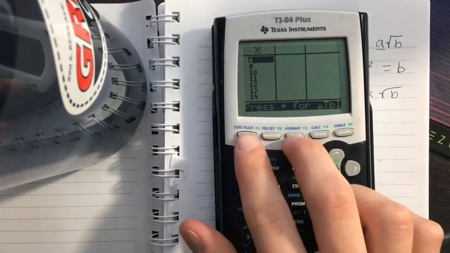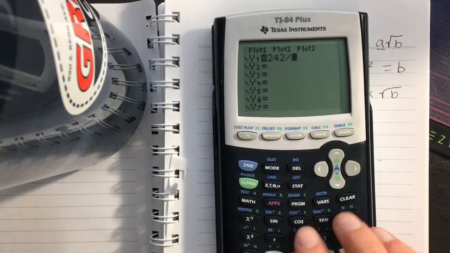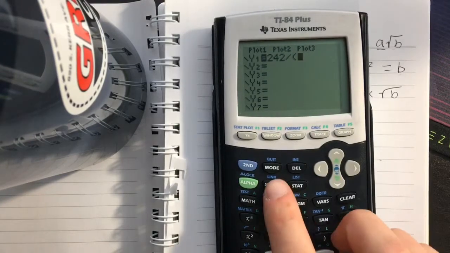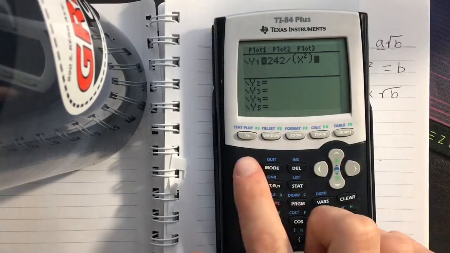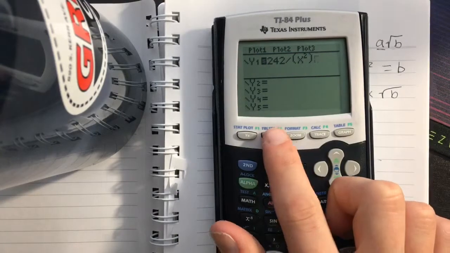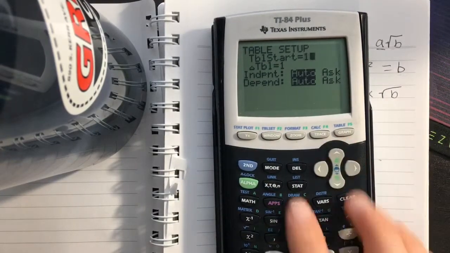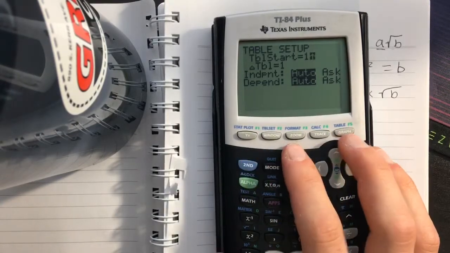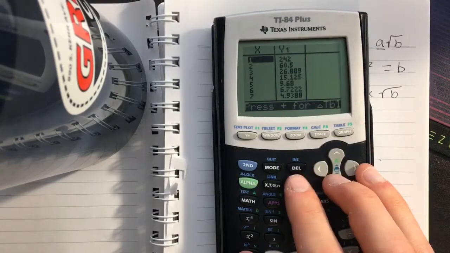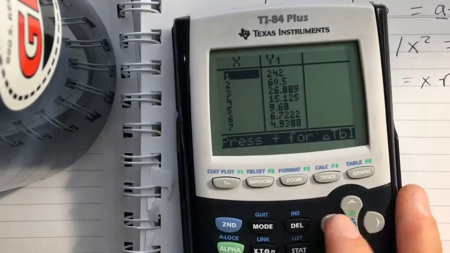I'll go to my y1 equals, and I want to take 242 divided by, and I'll make sure to put my parentheses here, my variable in function, in rectangular, x squared. And then I'll do second window to make sure my table starts at the value of x equals 1, and then I'll do second graph to access my table. Now, I can see my table values. I'll zoom in here.